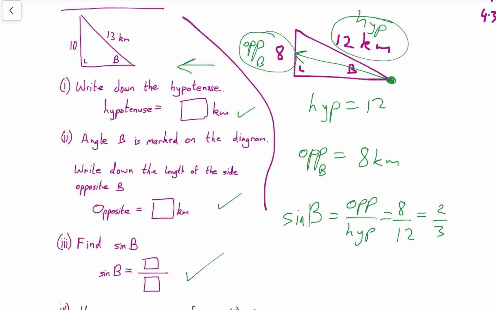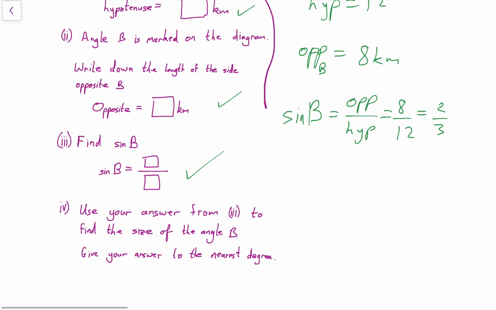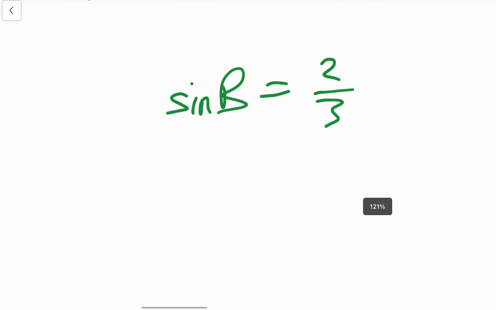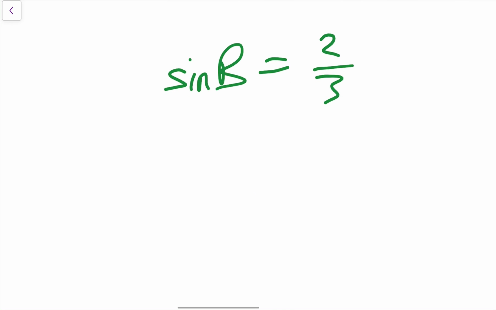Part 4, use your answers from part 3 to find angle B. Give your answer to the nearest degree. We have the expression sine B is equal to 2 over 3. We just need to get the inverse sine of both sides using a calculator.